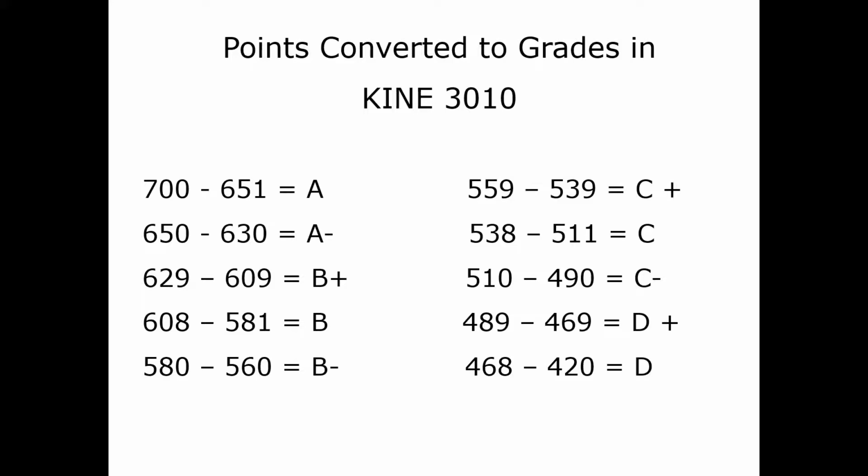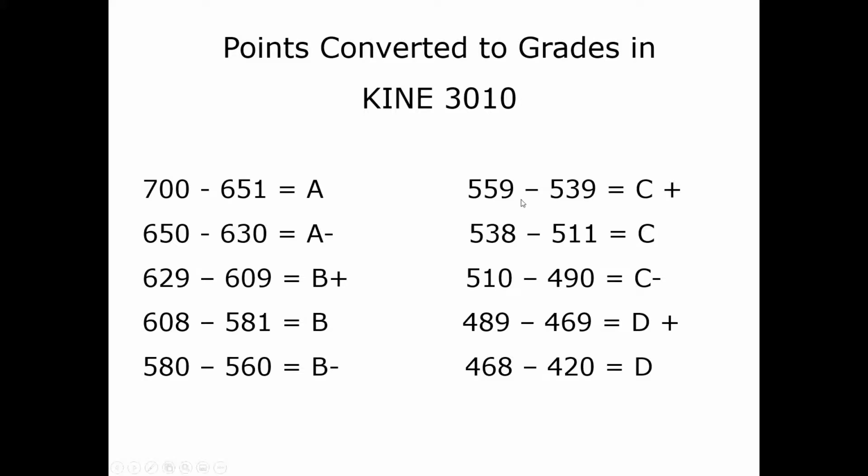So you must achieve 651 total course points to achieve an A within this class. And similarly, you need a minimum of 490 to achieve a C- within this course, which would be the lowest grade you could possibly achieve to earn a passing grade within this course.